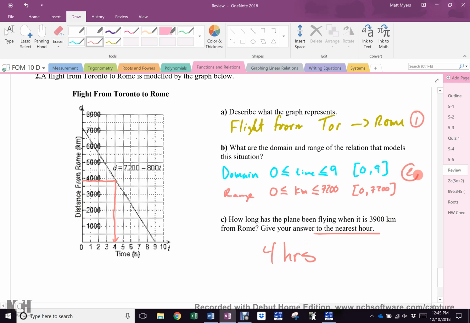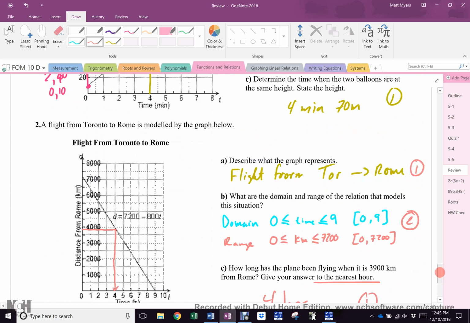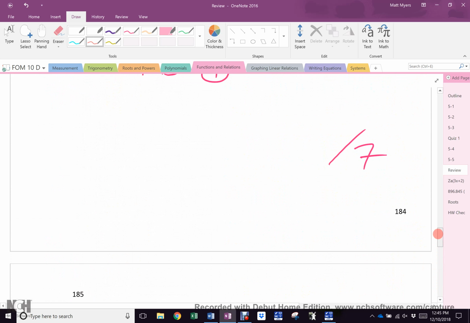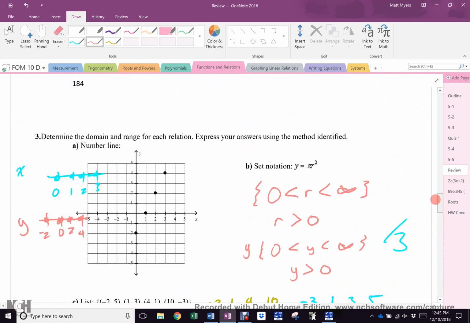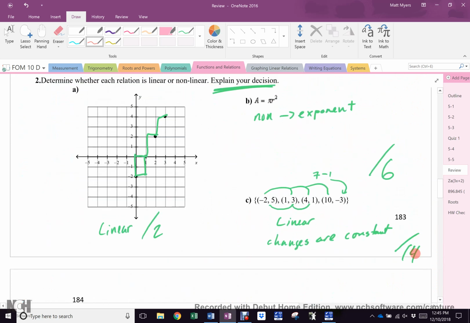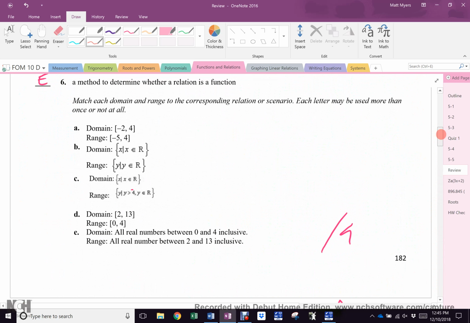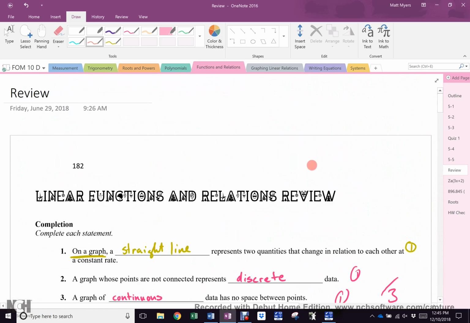Out of 4, making that whole page out of 9.